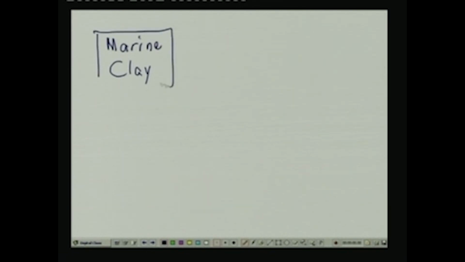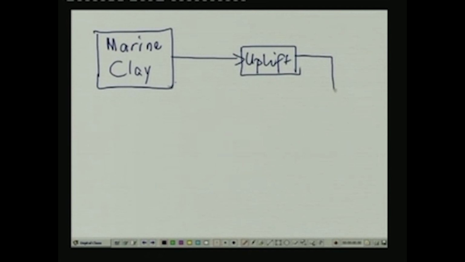As a result, that process also gives rise to a sensitive structure. So what I mean is, let's say you have a clay that was originally deposited in marine environment, called a marine clay, and then it gets subjected to an uplift and becomes a terrestrial deposit, a terrestrial clay.